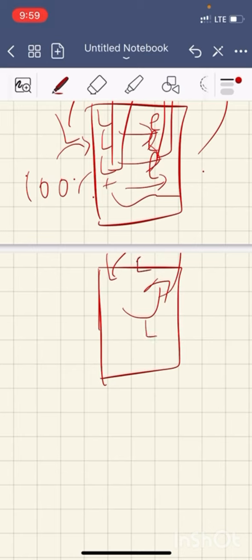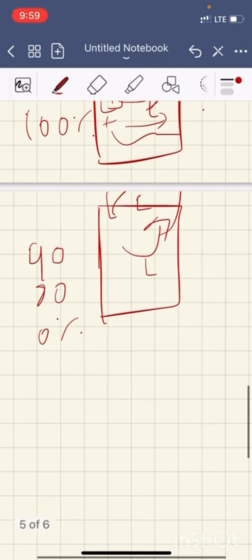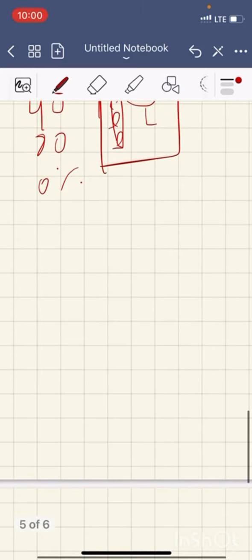So your SOC gets reduced to 90, 80 and all the way to 0%, so that you don't have any electron movement. All the electrons have come to this side, so you don't have electrons to flow through your circuit. Basically you don't have a current left in your battery.